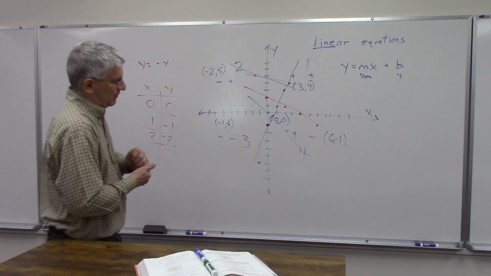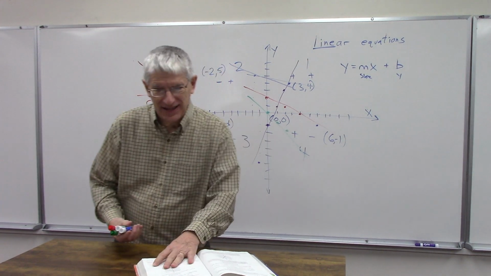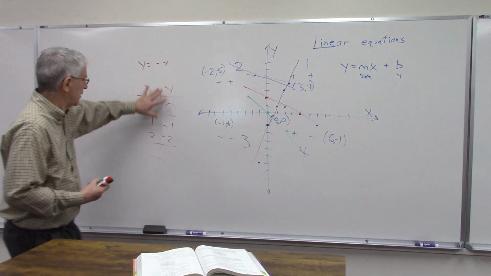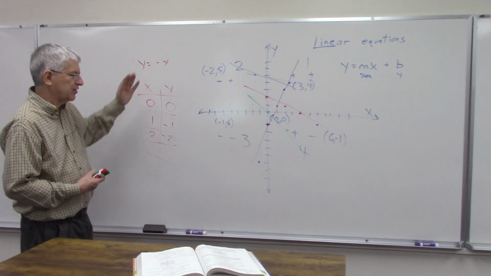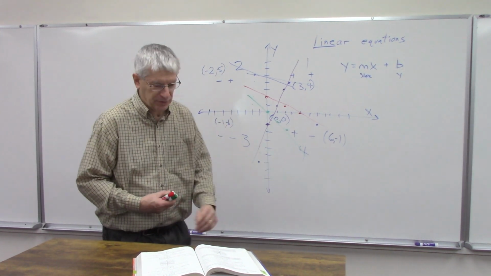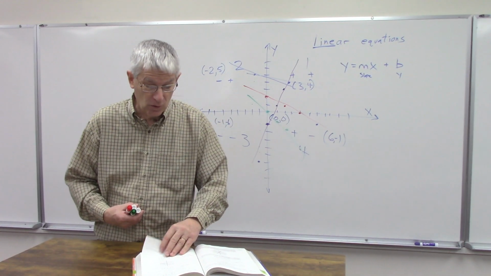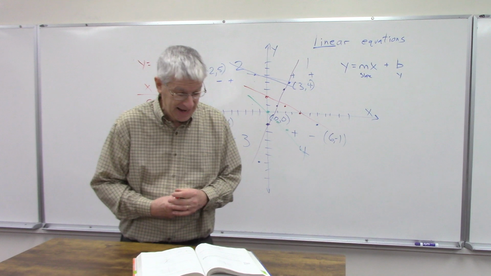All right, does that make sense? Make a little chart, a table, plug in values of x, make them simple, and then plug in the numbers and make sure you have a straight line. Now let's go over to the next page, 208.